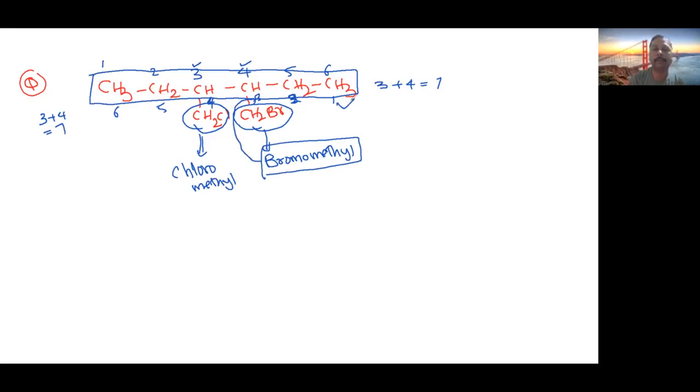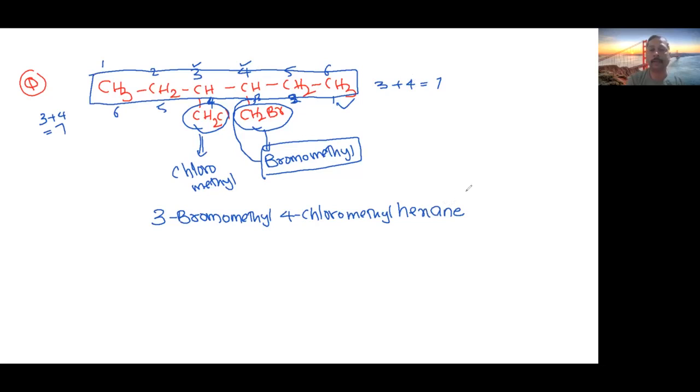Therefore, this numbering will be correct. So naming will be 3-bromomethyl, then 4-chloromethyl. Then total 6 carbon atoms are there, hex, ane. Hexane. So this is about the naming.